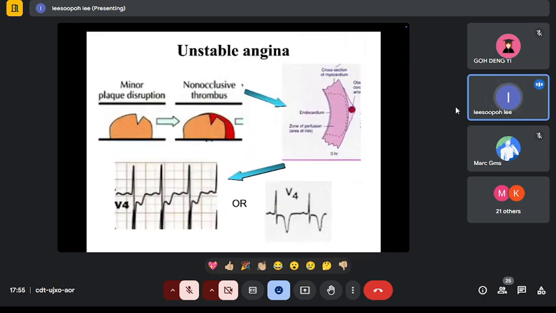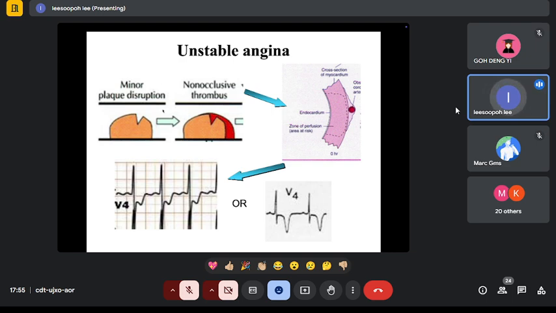So in unstable angina, this is a cross section of our blood vessel. Just imagine your blood vessel is a cylindrical shape, and we cut it in half. So this is the lumen, and this is the existing clot, and blood flowing like this.